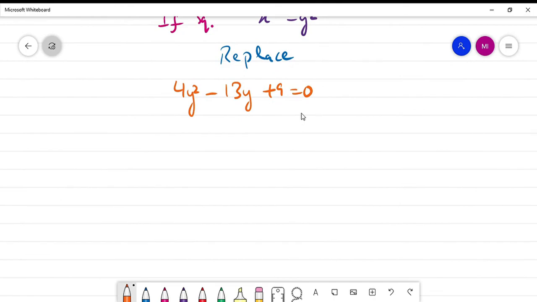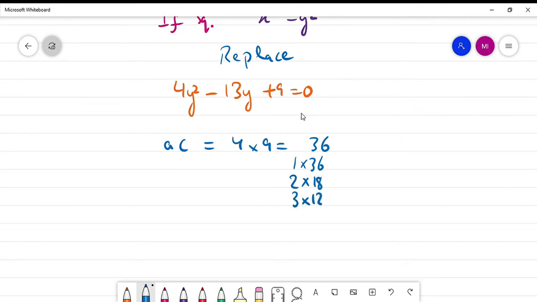Let's see if we can factorize this equation. AC is equal to 4 into 9, which is equal to 36. And the factors are 1 into 36, 2 into 18, 3 into 12, 4 into 9, and finally 6 and 6.